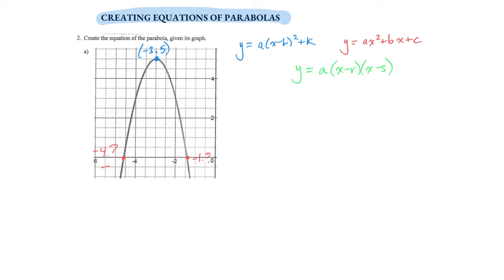Okay, well, that's the only information that I can see in terms of special properties. I can't see a y-intercept on that graph. So the only piece of information that was given to me was the vertex. That is going to lead me to want to use vertex form.